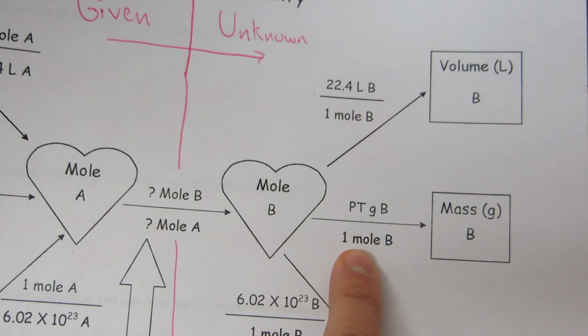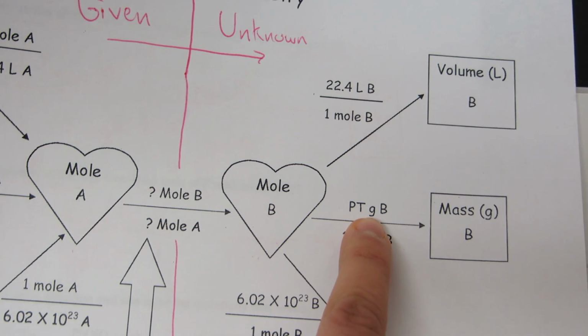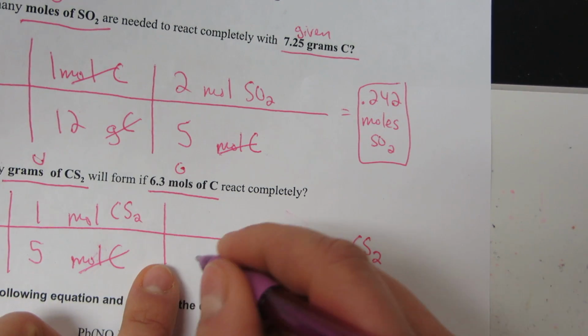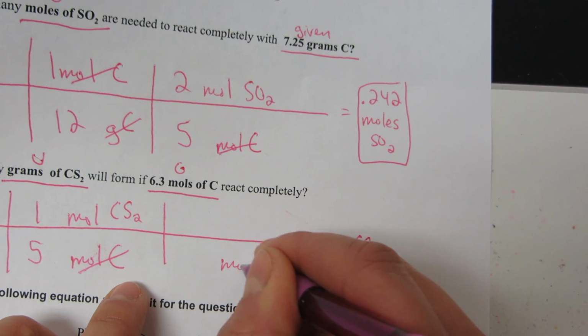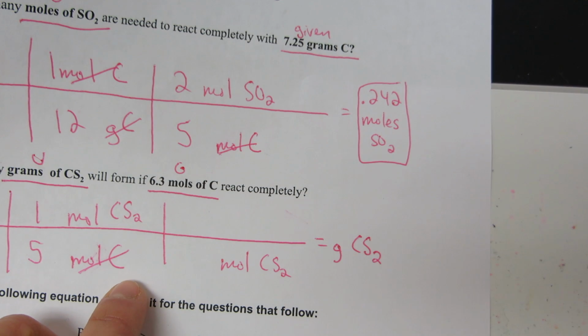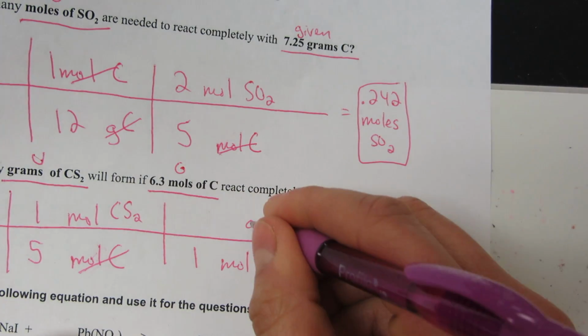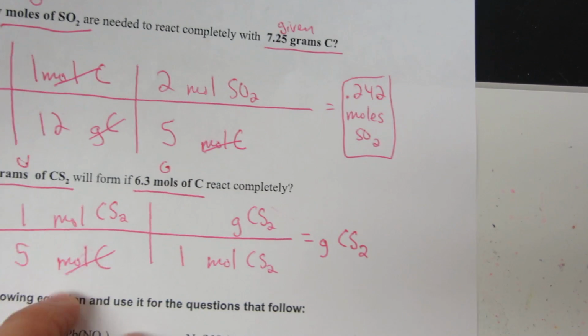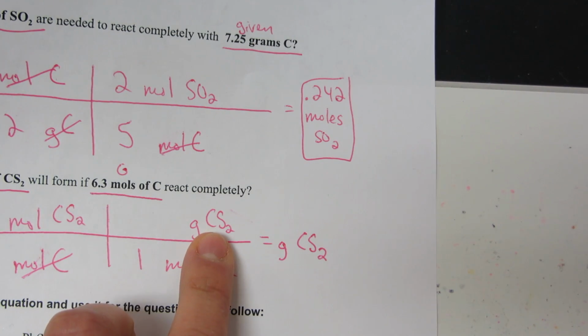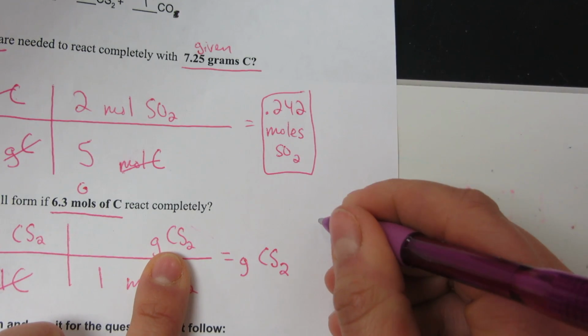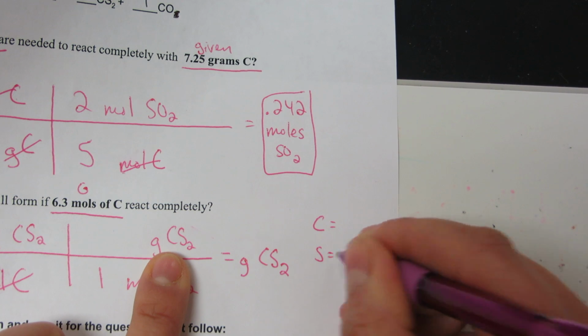For every 1 mole on the bottom, we're going to put the molar mass of carbon disulfide, CS2, on top. So we're going to cancel out the moles and put 1 mole on the bottom based on my conversion factor, and we're going to do the grams on top. Grams of CS2. Here we have a compound, so this is where we have to split up the elements. We have carbon and we have sulfur.